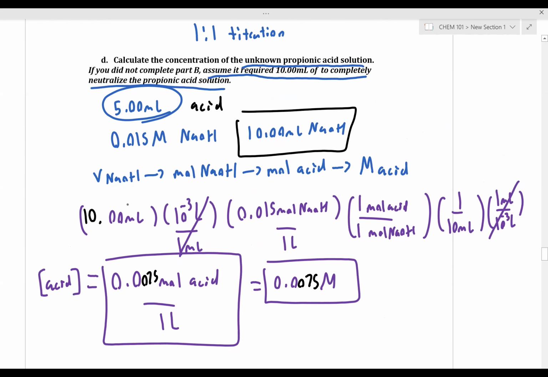The volume of NaOH is correct as 10 mils, but the volume of acid is 5 mils. So it's the initial concentration where we made a calculation error. My apologies. So the molarity of our propionic acid solution is 0.03 moles of acid per liter, or 0.03 molar.